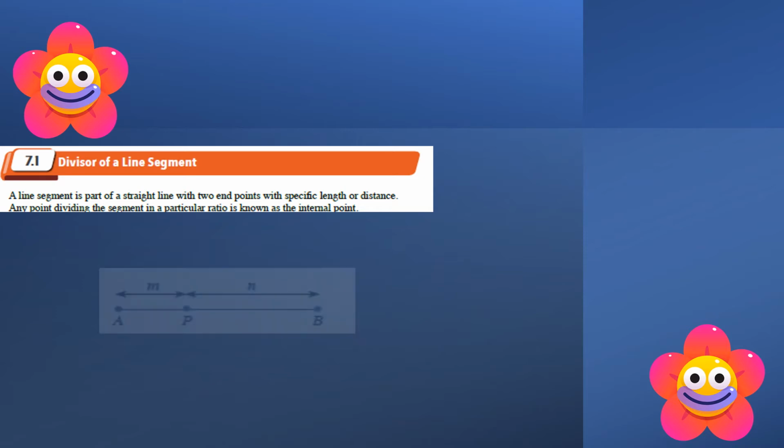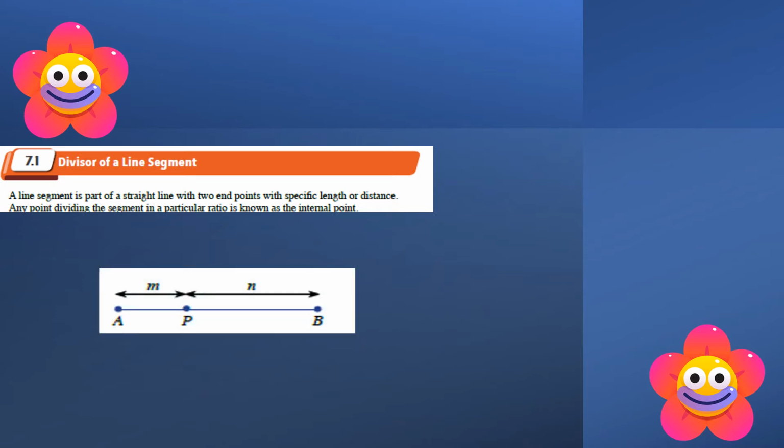So AB is the line segment and let's say P is in the ratio M and N here. So this is the internal point. P is the internal point. If P is out of AB, let's say here is our P, then it is an external point.